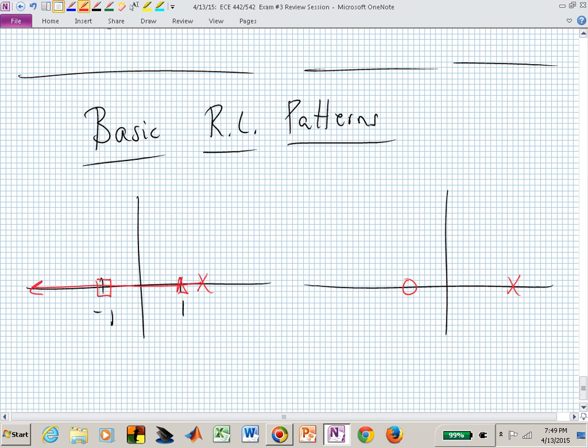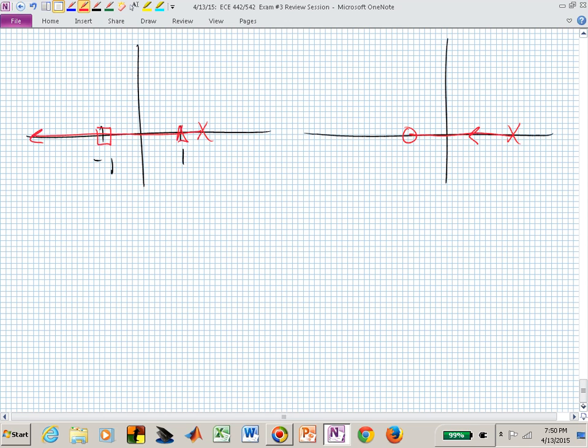Bummer, we don't get an infinite piece of French bread. I'm hungry. But we have that, don't we? And now, depending on where the unit circle is, you have to determine your values of gain K based on that almost trivial root locus. And that's all based on Rule 1 and Rule 2, isn't it?